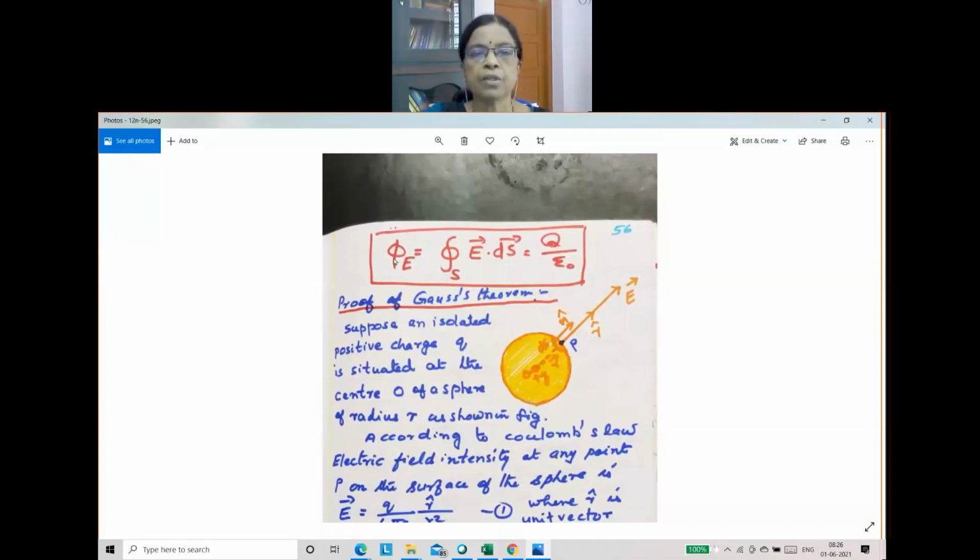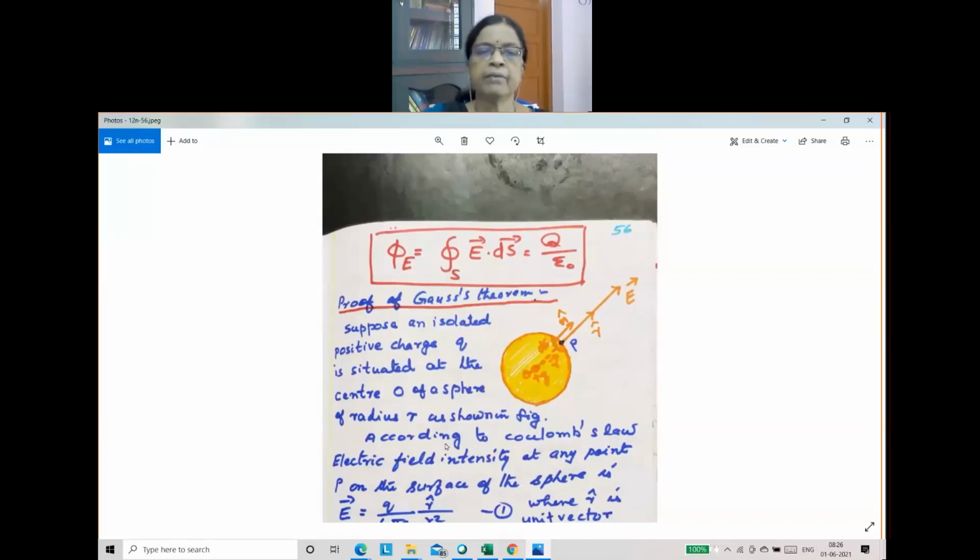Total flux phi E is equal to integral over the closed surface S of E dot ds equal to q by epsilon 0. What is q? The net charge enclosed within the surface. What is epsilon 0? The absolute electrical permittivity of free space. What is E? Electric field intensity. And what is ds? Integral S ds is the total area of that Gaussian surface.